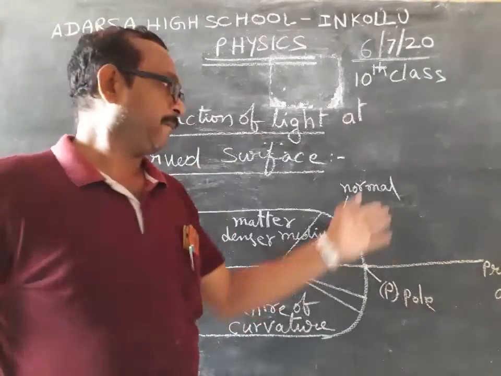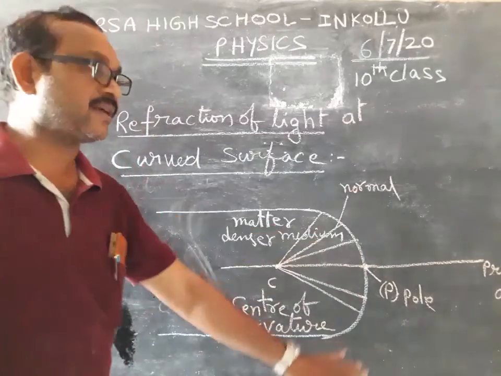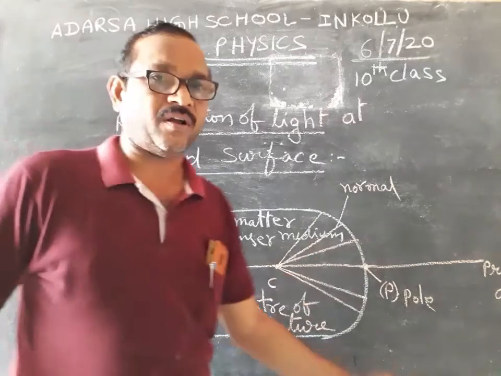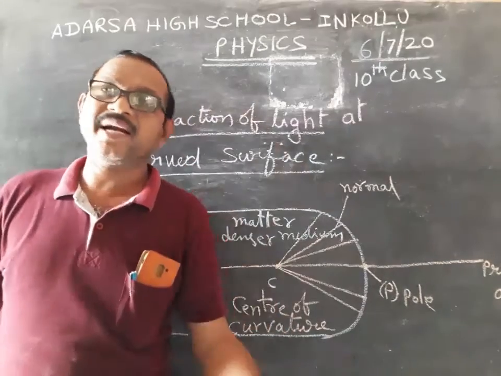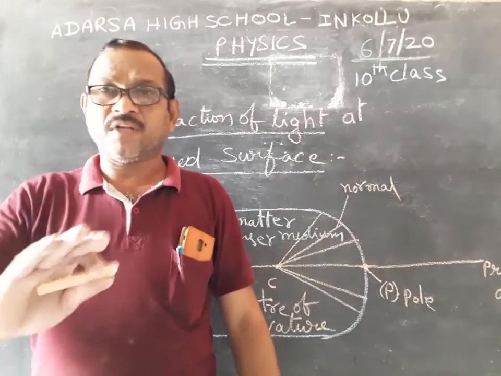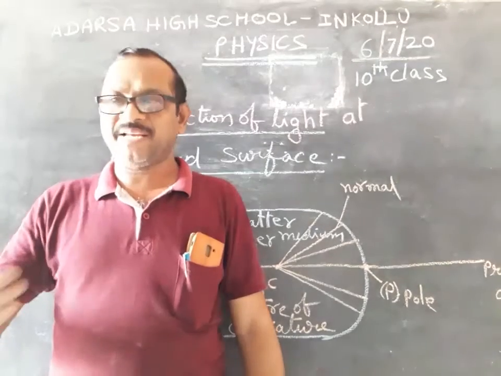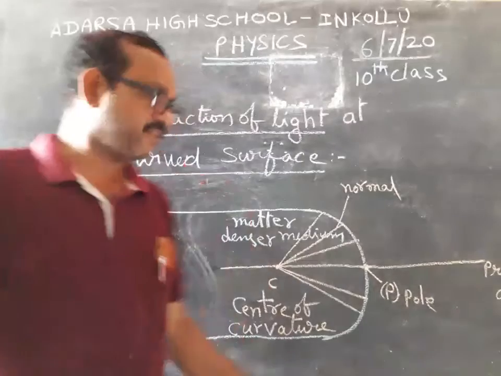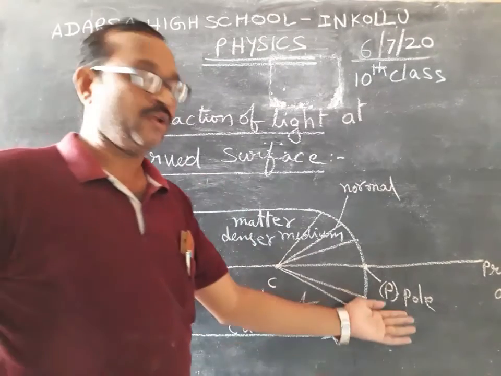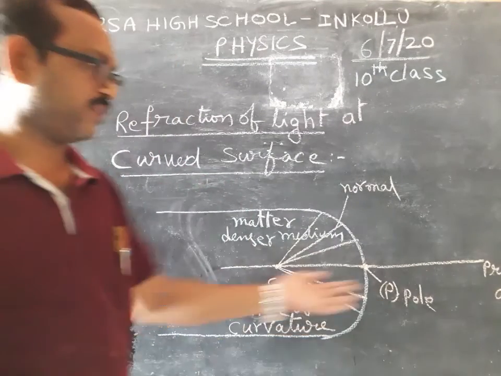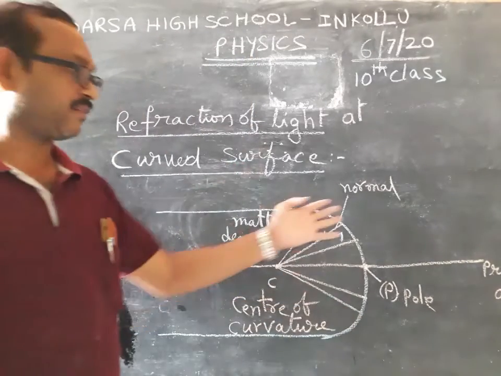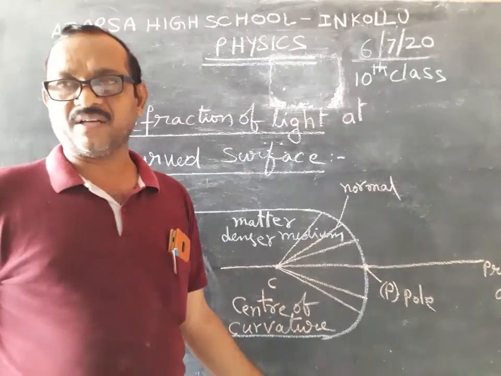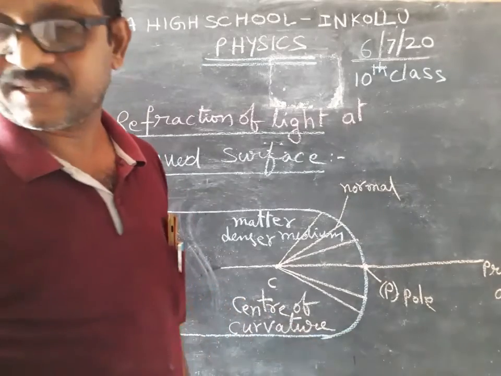In this one also, focus, focal length and radius of curvature are there. Those terms I will explain in the next topic. First of all, pole, center of curvature, principal axis, normal. These are the important terminology of the curved surface.